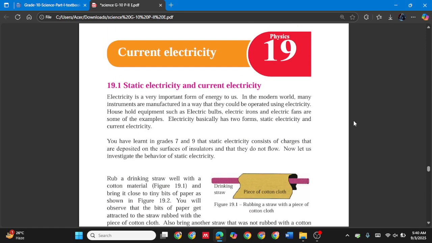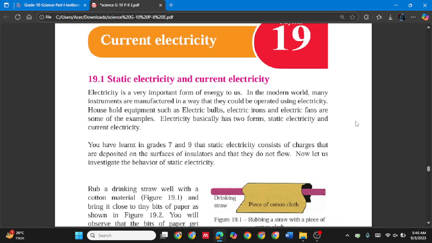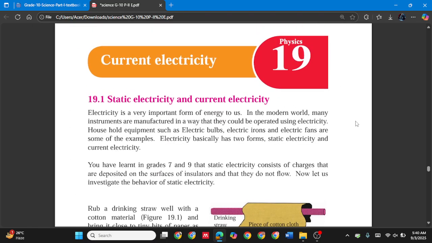Okay, here we came to the lesson. Current electricity. Static electricity and current electricity.